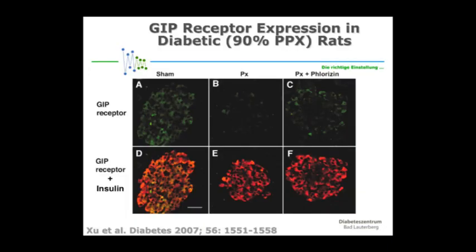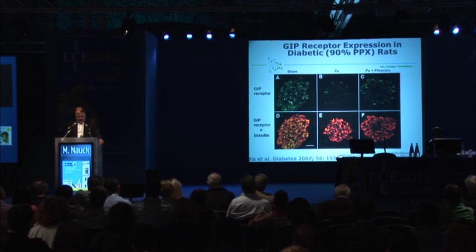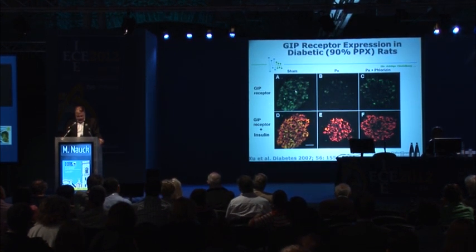There is another experiment, a different model, 90% partial pancreatectomy in rats, and this causes diabetes. And when you look at what happens after pancreatectomy, then you see that the GIP receptor expression here in the normal animals is very much reduced.